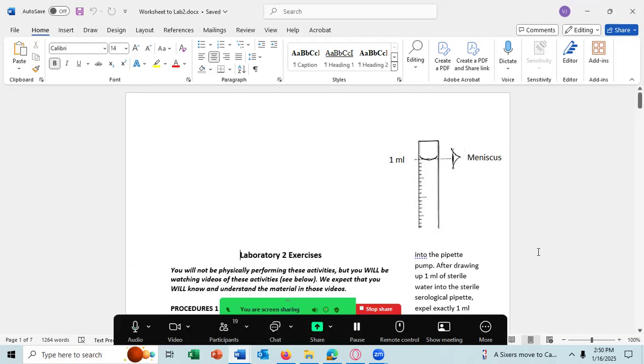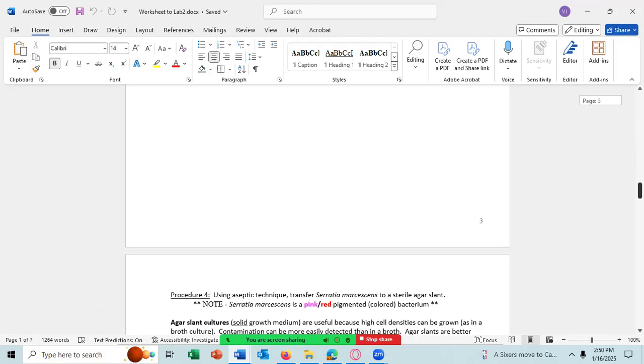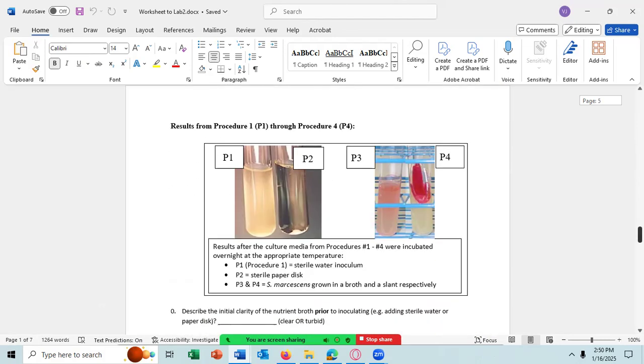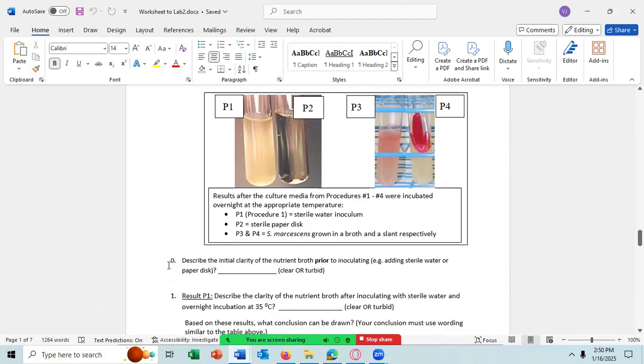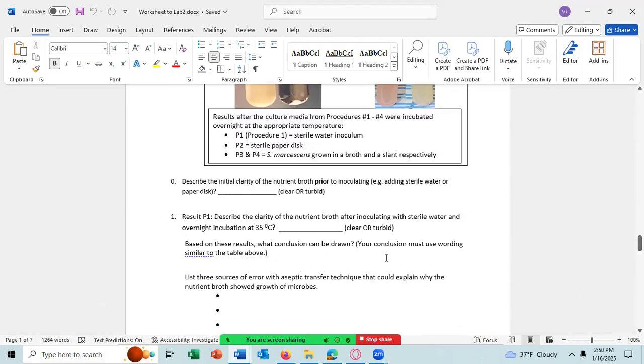Let me see if that's stated in here. Yep, see, that's question 0, and right there I've got the wording in there. I need to add that to mine. Your conclusion must use wording similar to the table above.